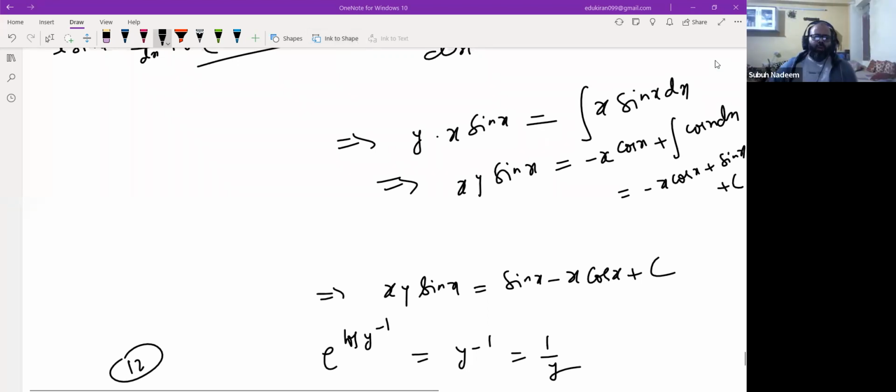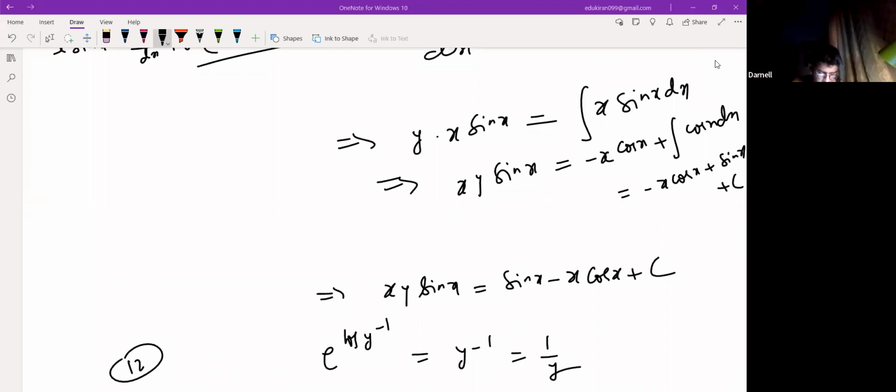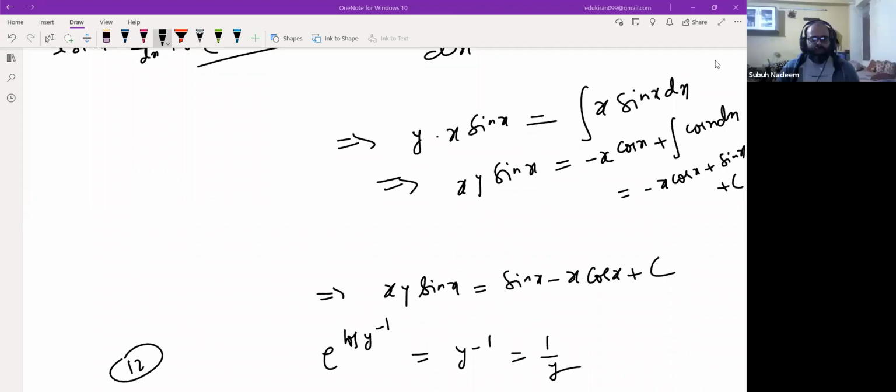But it will not be log y inverse, no? Integrating factor will be log y only, because you are integrating 1 by y. So I'm integrating minus 1 by y. So minus 1 by y log y. Yeah, then it is okay.